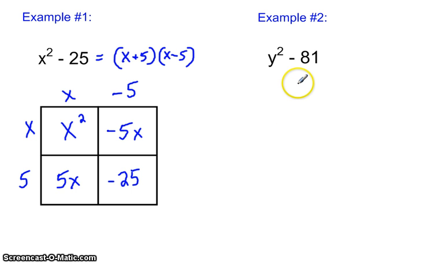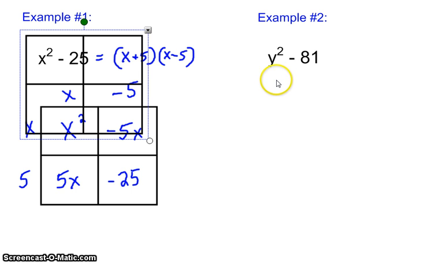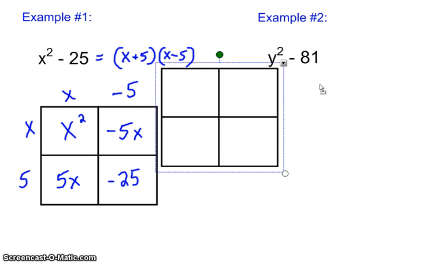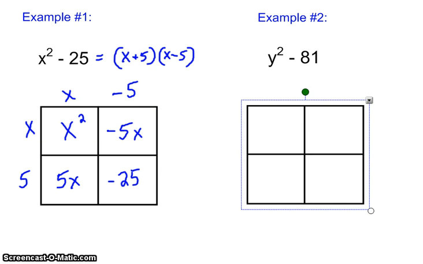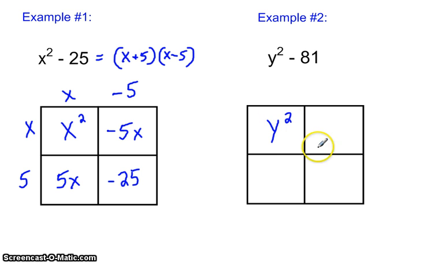Very similar with y squared minus 81. I can factor that one. 81 is a perfect square, and its square root is 9. So this has got to be a minus 9 and a plus 9.